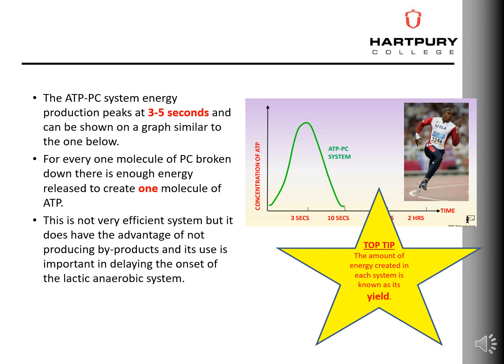Okay, so it lasts for 8 to 10 seconds, it peaks at 3 to 5 seconds, however, it only creates one molecule of ATP. So when we hit our 10 seconds, we've depleted all our energy again. So activity that lasts any longer than that will need to use a different system.